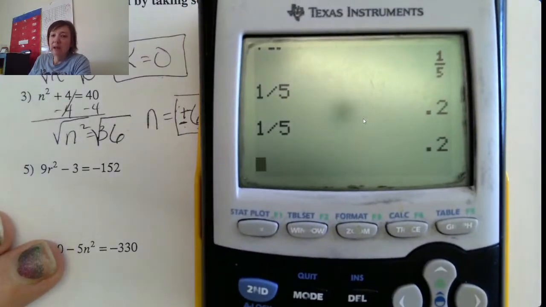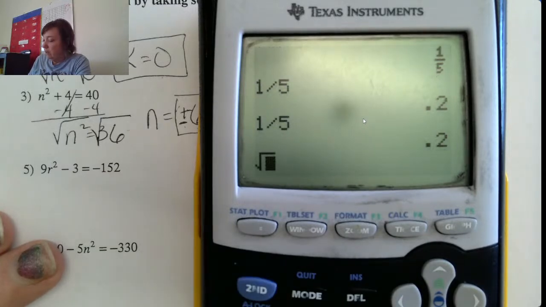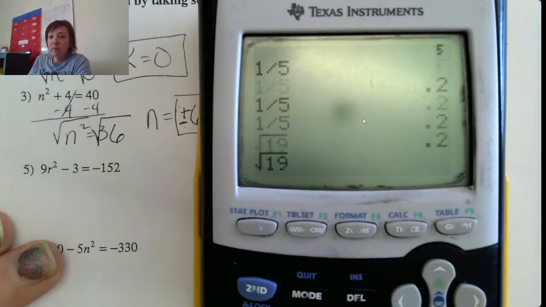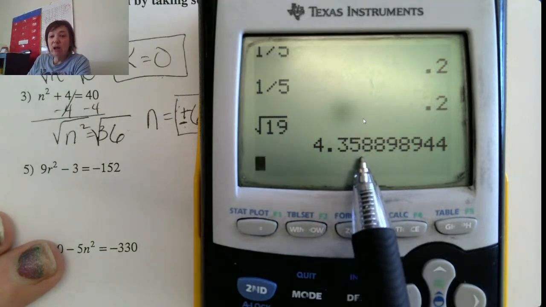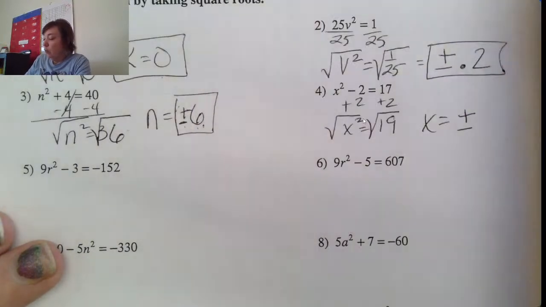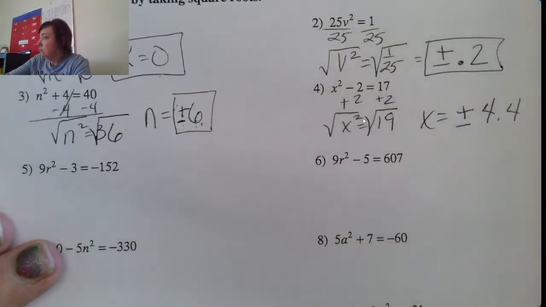Oh, it drives me crazy. So the square root of what? 19? So what is that? Round to the nearest tenth. 4.4. That 5 tells you to go up with the 3. So 4.4. So it's positive or negative 4.4, and that's our answer.